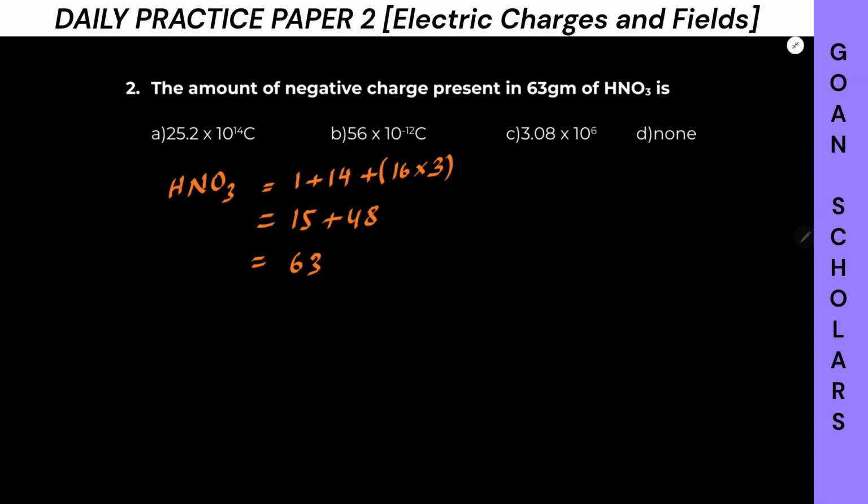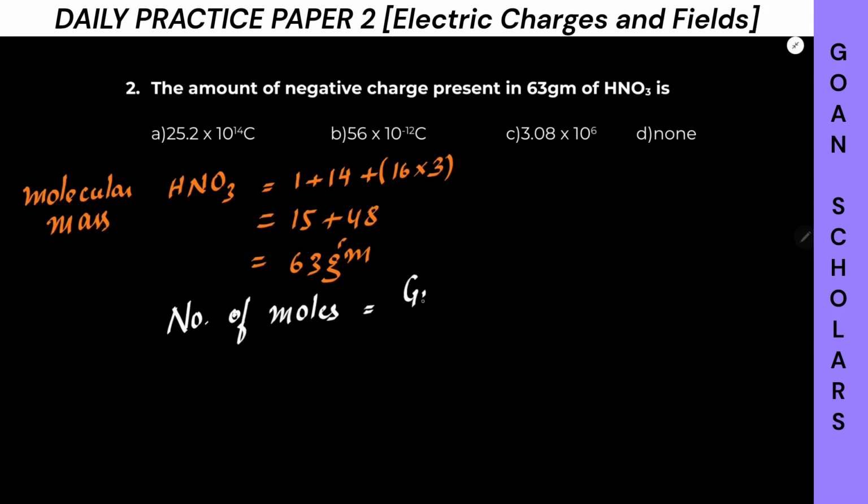So the molecular mass of HNO3 is 63 gram. Then once we have calculated molecular mass, what do we have to do? We have to find the number of moles. Number of moles is equal to given mass over molecular mass.